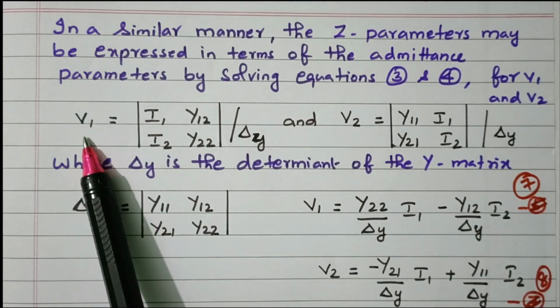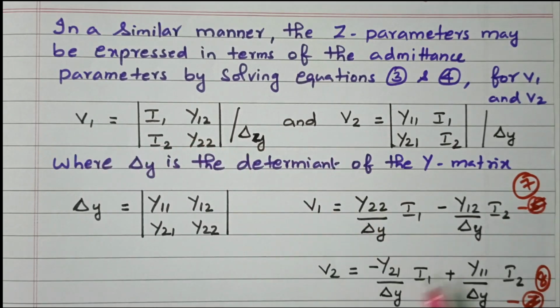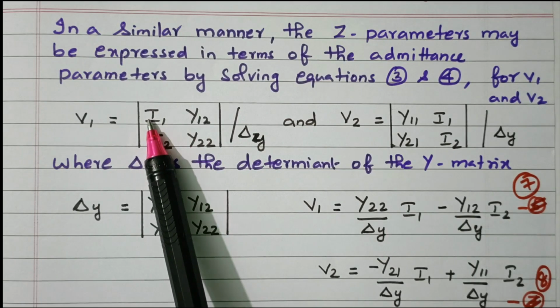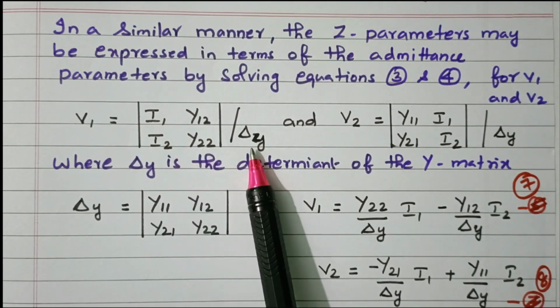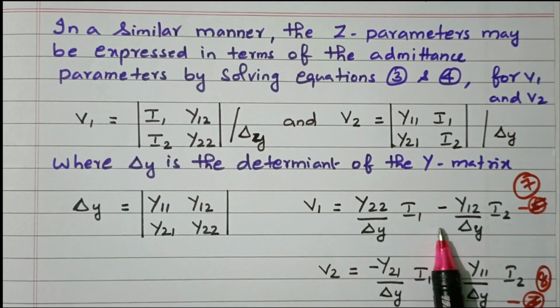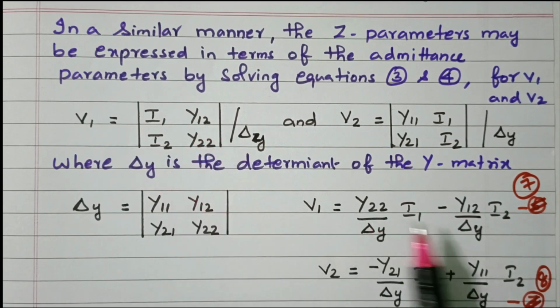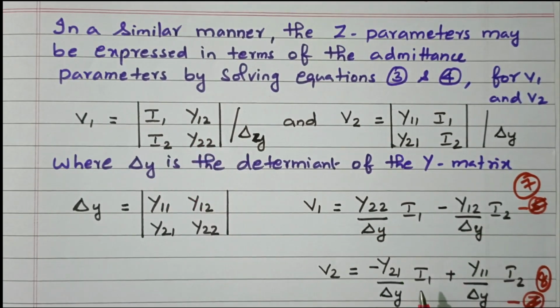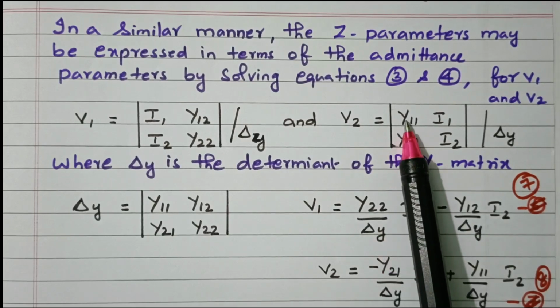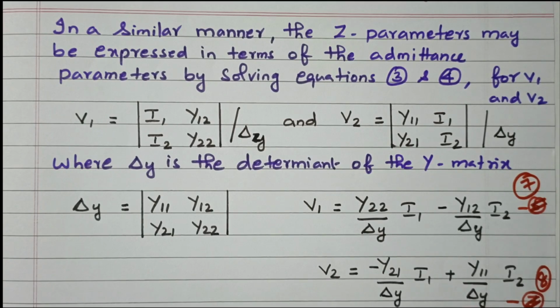Right. So by expanding V1 and V2, we got equations 7 and 8. What is that? I1 into Y22 divided by del Y, minus Y12 into I2 divided by del Y. Similarly here, Y11 into I2 divided by del Y. So the second term is written here, and the first term is written second.